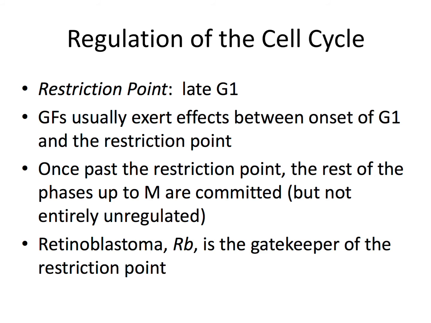And these recessive genes, the tumor inhibitors, like retinoblastoma, are sometimes called the gatekeepers. So if they're present, they restrict the progression of the cell through the cell cycle.